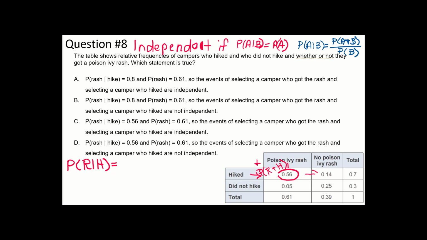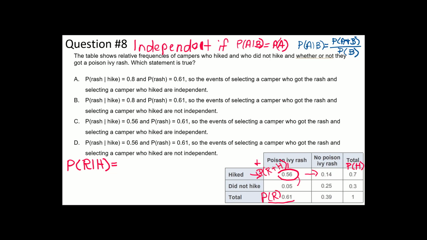The total number of people that hiked, we've got to add these numbers together. That's 0.7. And the total number of people who got a rash, we're going to add these numbers here. So I've identified the numbers that we need from the table. So let's go ahead and substitute in now.